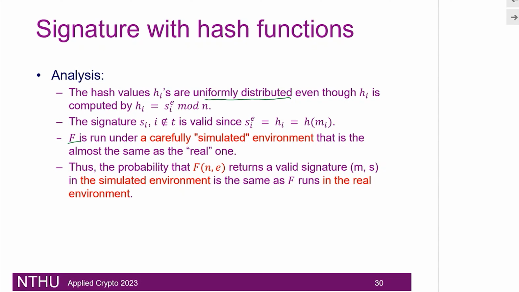So why do we have to care about it? Because if he could tell whether he's playing with a simulated environment or a real one, the probability that the forger would provide a forged signature would change depending on which he's playing with.